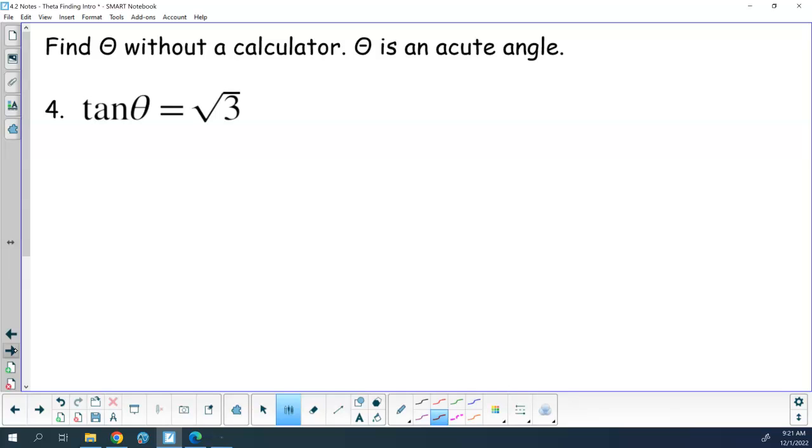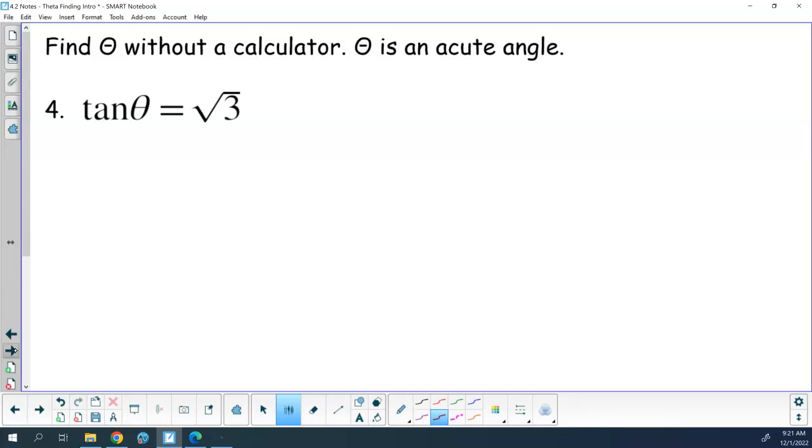No, so it's not just going to magically appear. So that one can be eliminated. Can I eliminate pi over 2? Yeah, no square root of 3 in that one. Can I eliminate 0? Yeah, no square root of 3 in that one. So I only have to look at pi over 3 or pi over 6, and it's going to be one or the other.